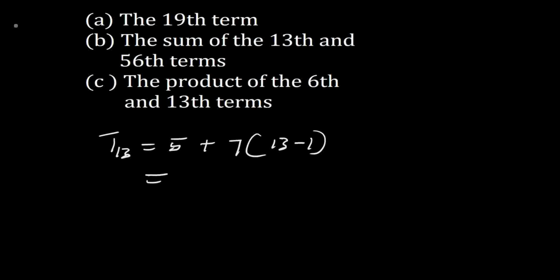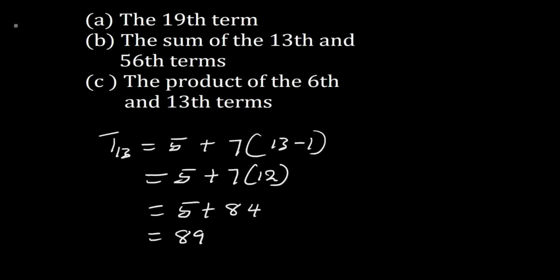So this will be equal to 5 plus 7 times 12. 7 times 12 is 84, and 5 plus 84 is 89. So the 13th term is equal to 89.